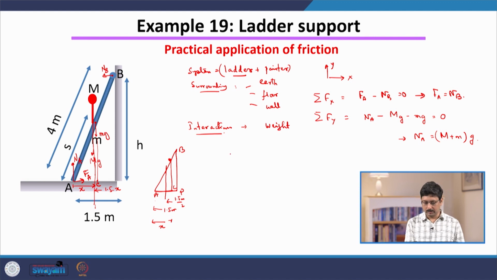Now, note the torque balance condition. Let us consider that our pivot point is B. So, we are computing the torque about the point B. The line of action of N B passes through the pivot point B, so that will not contribute any torque. All other forces will contribute torque. You can check for yourself, you can analyze this problem from other pivot points and you will arrive at the same answer.